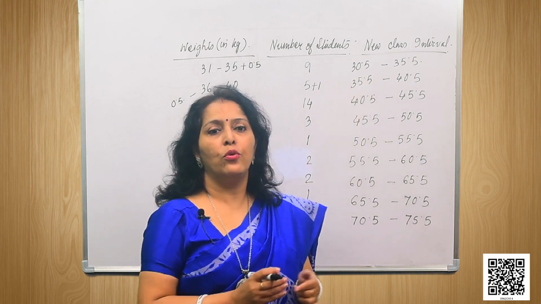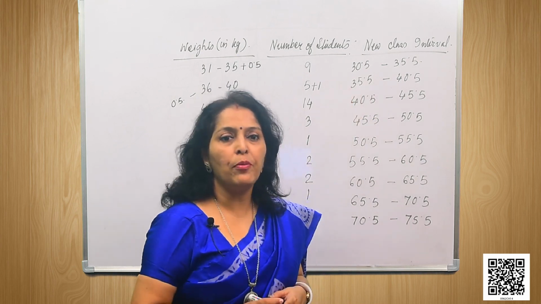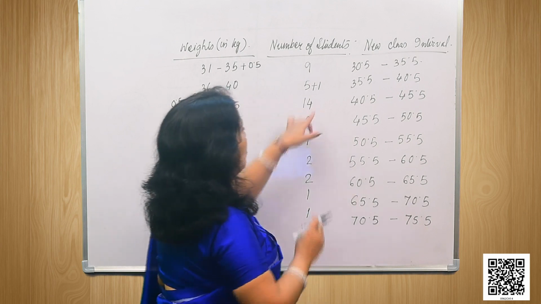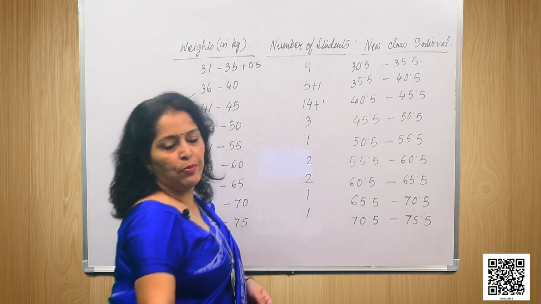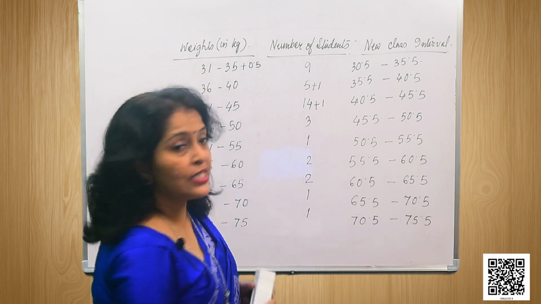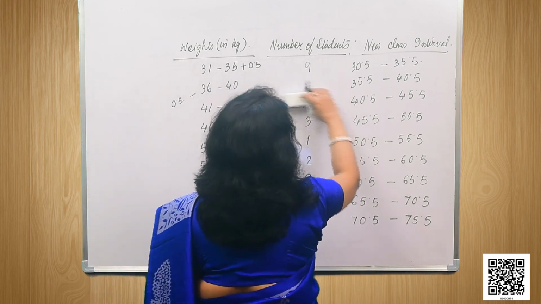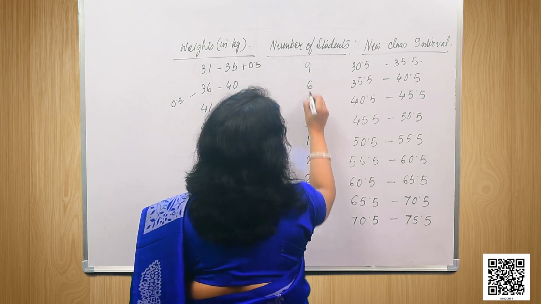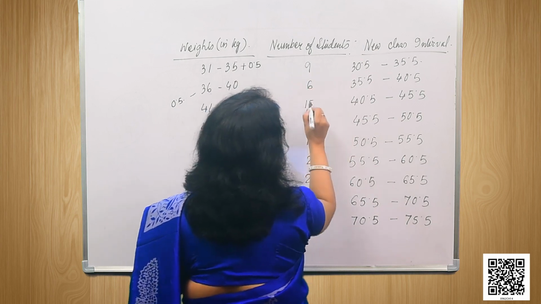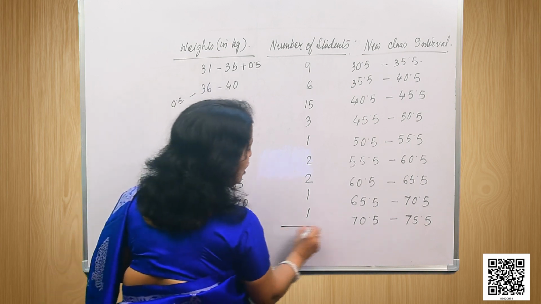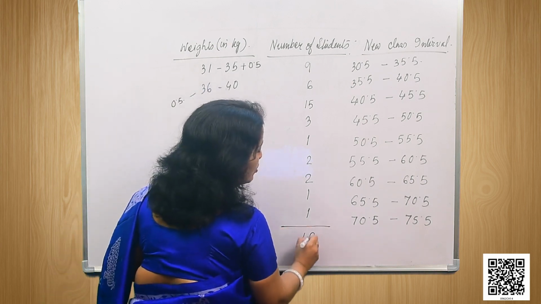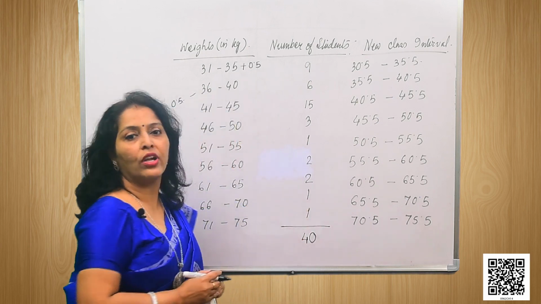And the next child whose weight is 40.5 kg will be included in this group. So now instead of 5 plus 1, the frequency of this group will be 6 and the frequency of the third group will be 15. As a result, the total number of children in the class will also increase to 40.